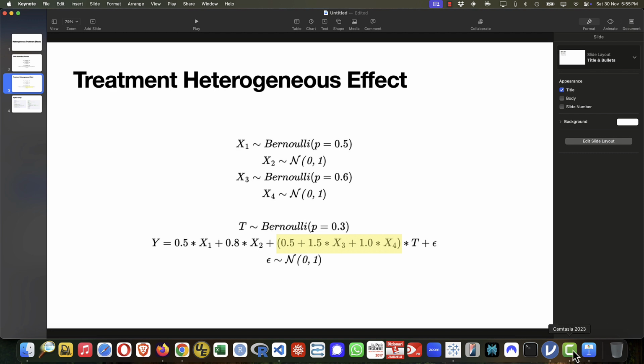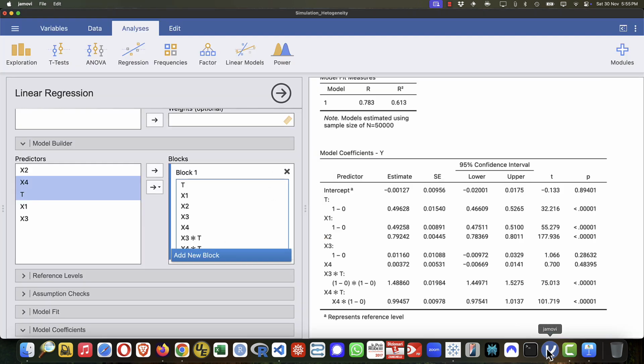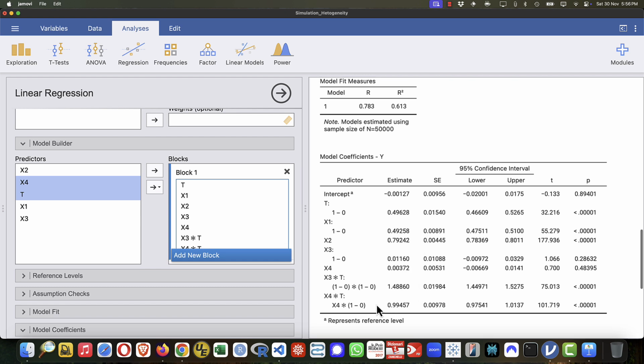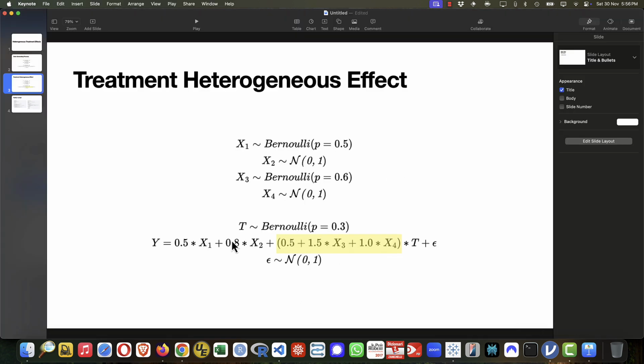Let's check. And again, we get 0.5, 1.5, and then we get 1. See? And the coefficients of x1 and x2 are 0.49, about 0.5, and 0.8. Okay? And the fact that these numbers are very small is consistent with the fact that they were not present in the original regression, the original equation that generated this data set.